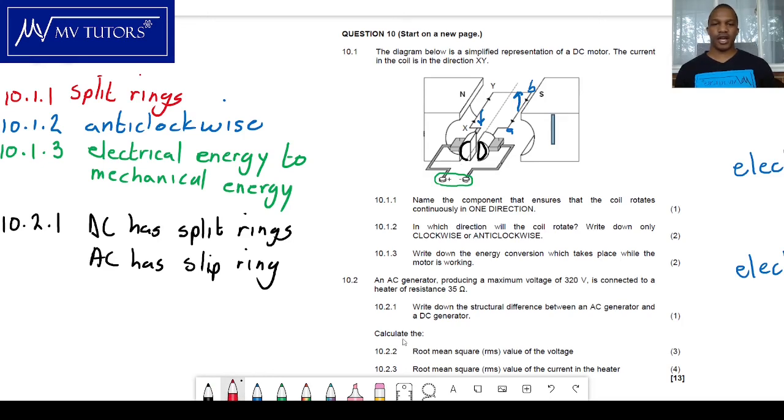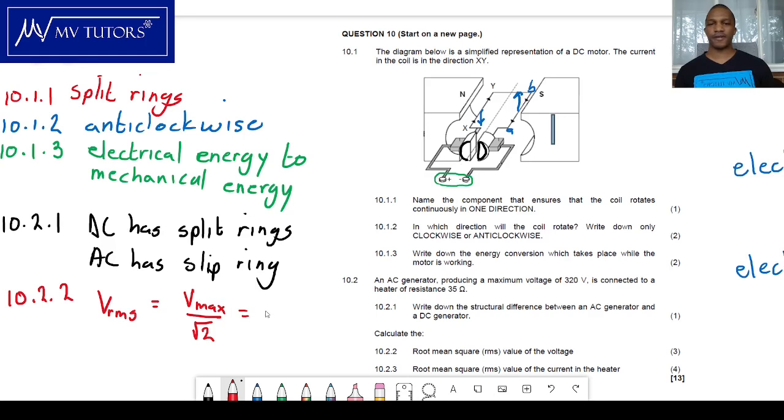Now it says calculate the root mean square value of the voltage. Now we're talking about 10.2.2. Now, what is the formula for the root mean square? We just spoke about it for the voltage. Vrms is equals to Vmax divided by the square root of 2, right? So what is our Vmax?